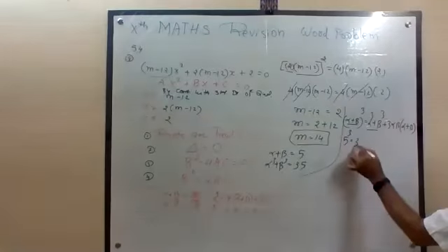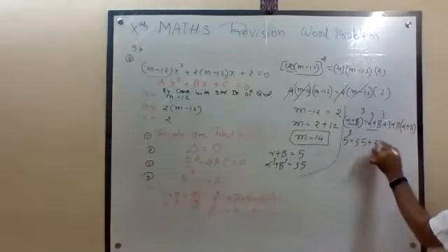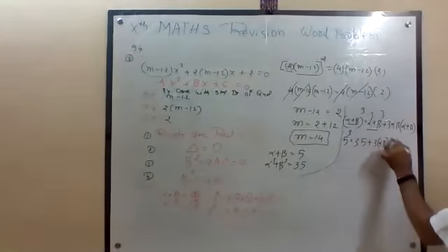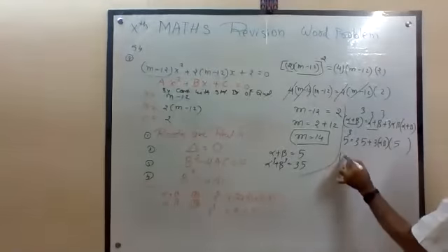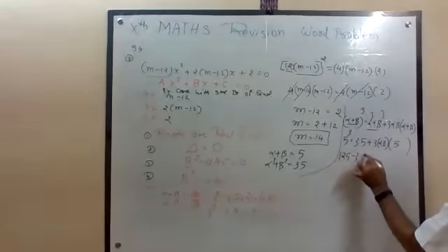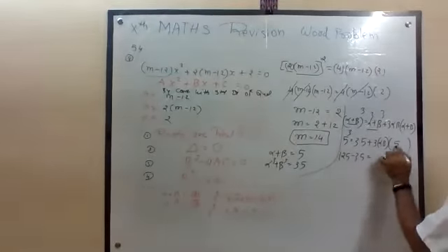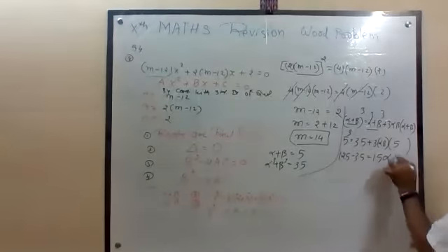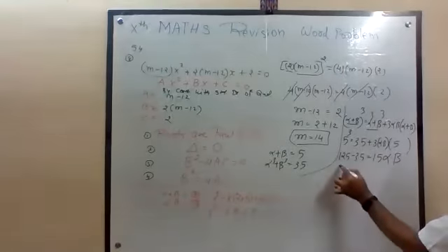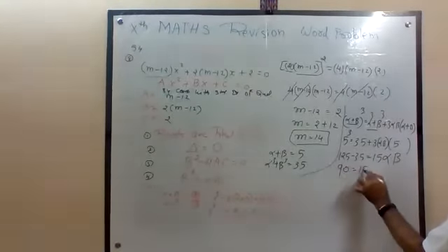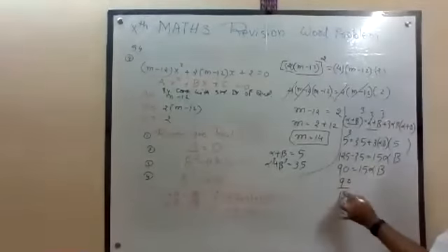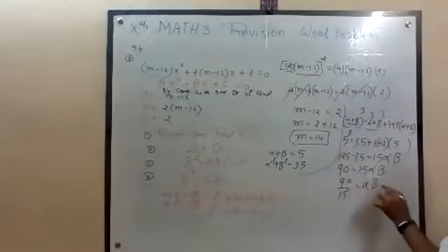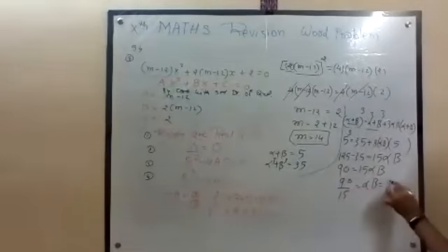This is also given, 35. 3 alpha beta not given, but alpha plus beta is given. So this is 125 minus 35. I have taken this side. 5 threes are 15 alpha dot beta. So this is 90. So 90 by 15 is alpha beta. So it is 6.